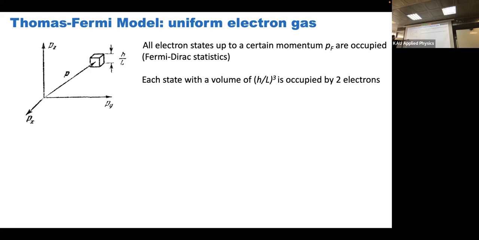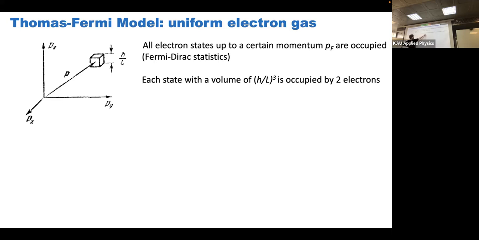Because we work with energy, and energy is like p squared divided by 2m, and it's very useful to use momentum when we want to calculate energy. And we say that all electron states up to a certain momentum p_F are occupied. So up to some p_F, we have all occupied states. And each state is occupied by 2 electrons, because we have the Pauli exclusion principle.